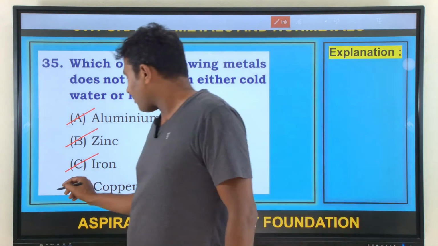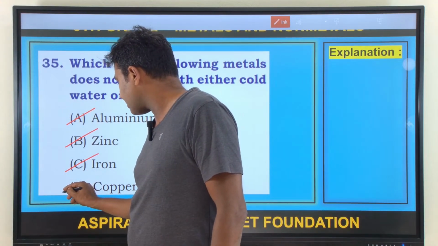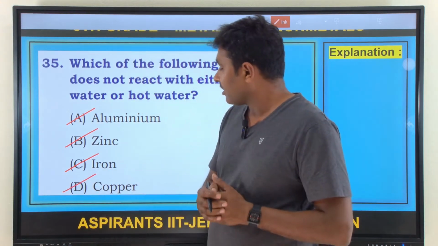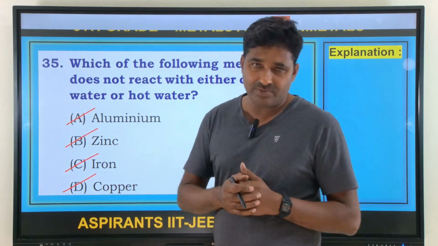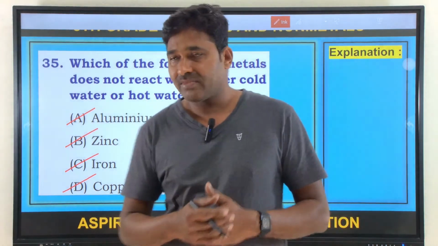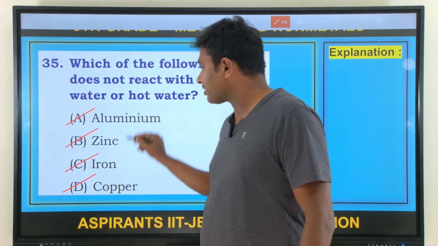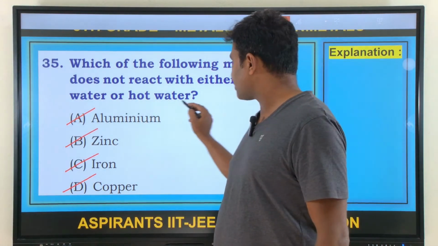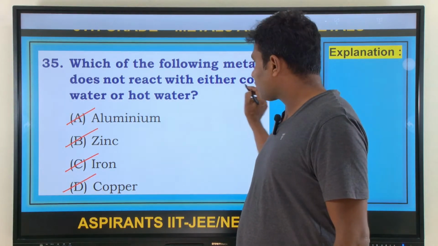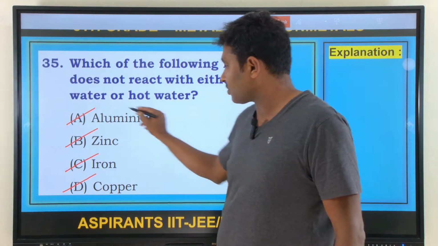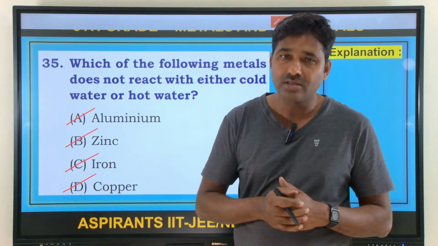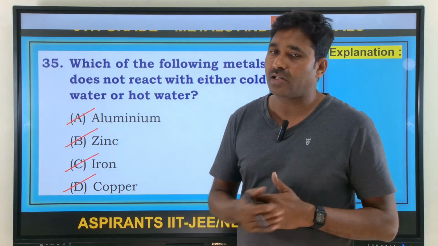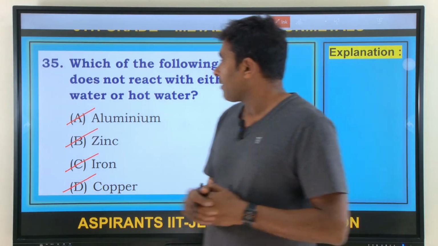So our option is A, B, C, D. Why? Copper also does not react with hot water, cold water or steam. But these three elements show reactivity with steam, and here he is not asking about steam. He is asking about cold water or hot water. So these elements do not show reactivity with cold water and hot water.